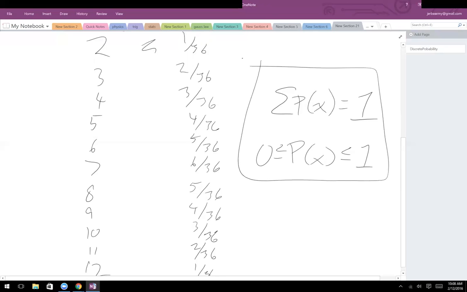So that's basically what a probability distribution is. You can have the probabilities be whatever you want, as long as they're all between 0 and 1, and if you add them all up, you get 1. So this is the definition of a probability distribution. And I would write that down if I could write. So, definition of.